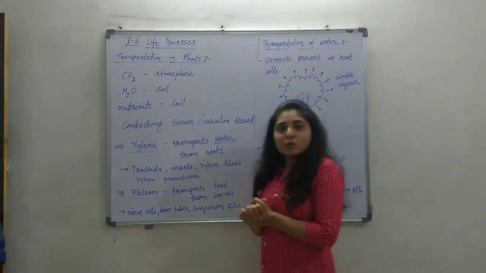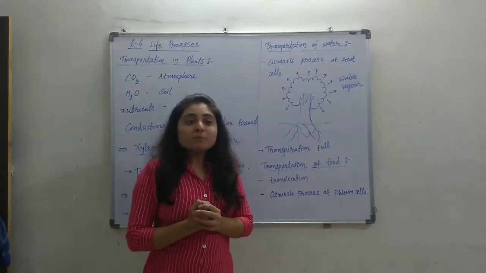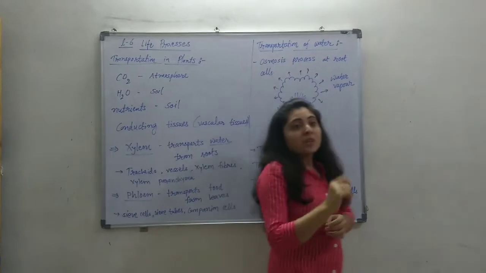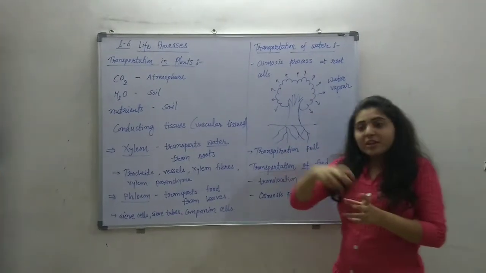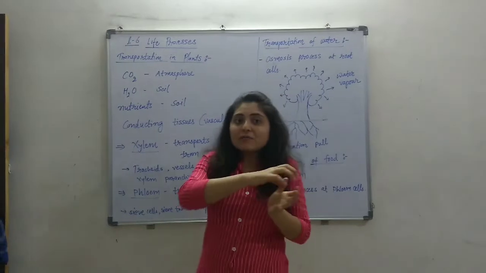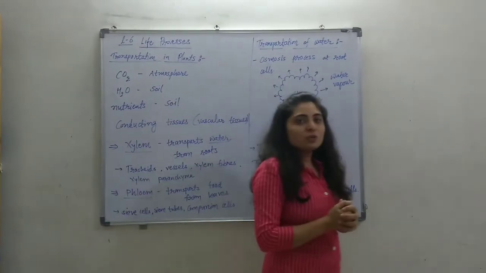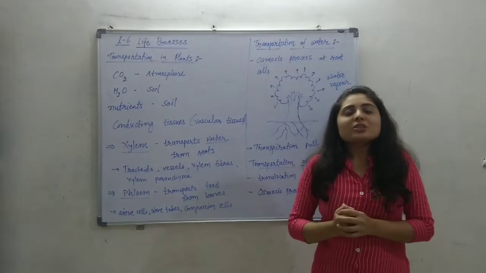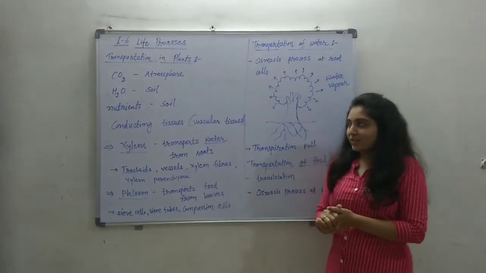After entering the root cells, how will water reach a particular leaf at a height? Here, the tracheids and vessels in the xylem form a continuous channel. So as the water enters the root cells, it will continuously flow in the xylem components, tracheids and vessels.